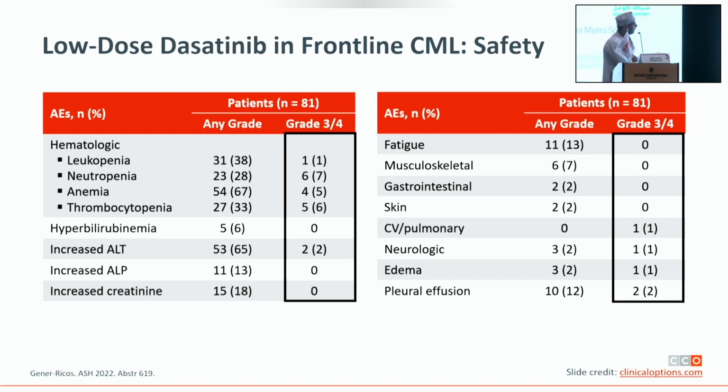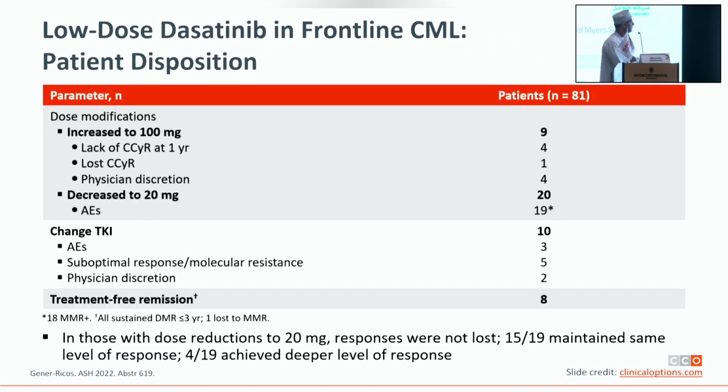Any grade toxicity was reasonably lower than what was reported, but not that bad. Specifically, for pleural effusion, only 2% of patients had grade 3 to 4. So overall toxicity may be better than what was reported with the 100 milligram daily.